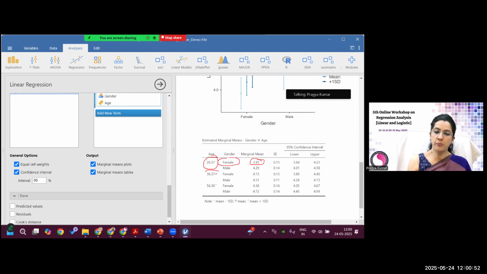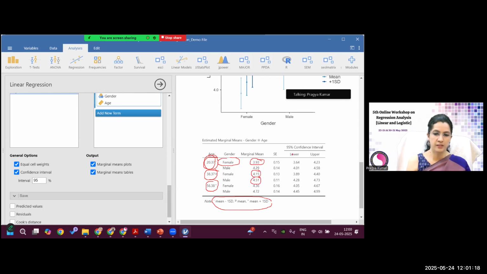So this 3.87 is the mean age. This is mean minus 1 standard deviation, and this is mean plus 1 standard deviation. So for a continuous variable, it categorizes it into 3 parts: mean minus 1 standard deviation, mean plus 1 standard deviation, and mean. So this is the estimated marginal mean of length of stay.